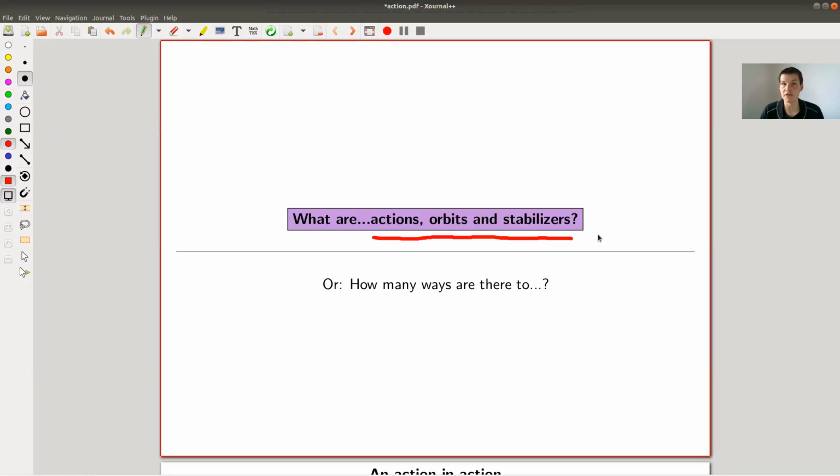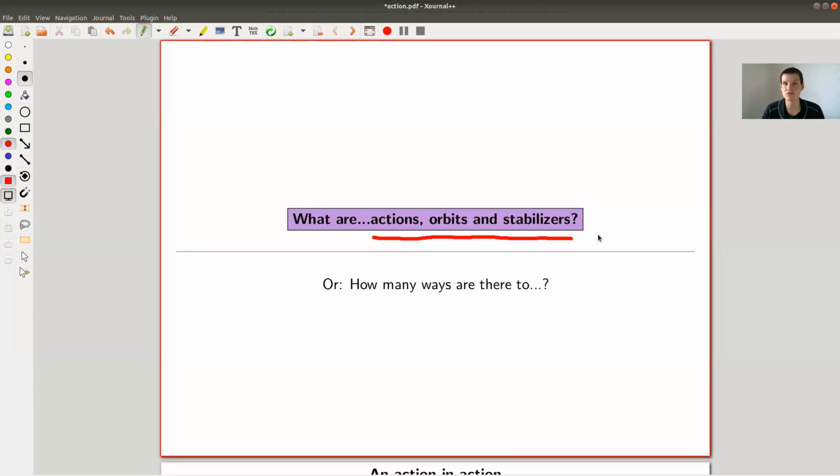And I already told you a little bit about that in the video on groups, because groups should be thought of as being symmetry groups of certain objects. This is what would be called a faithful representation of the group, a faithful action of the group, because all of the group structure is reflected in the geometric object. But you can imagine that you have a huge group acting on a small thing and you lose information.